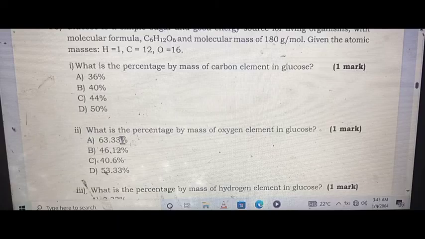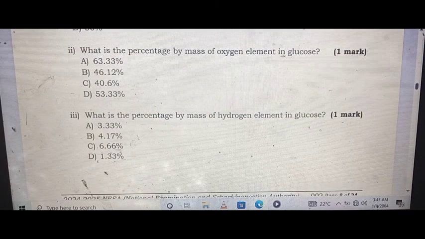2. What is the percentage by mass of oxygen element in glucose? The correct answer is letter B, 53.33%. 3.